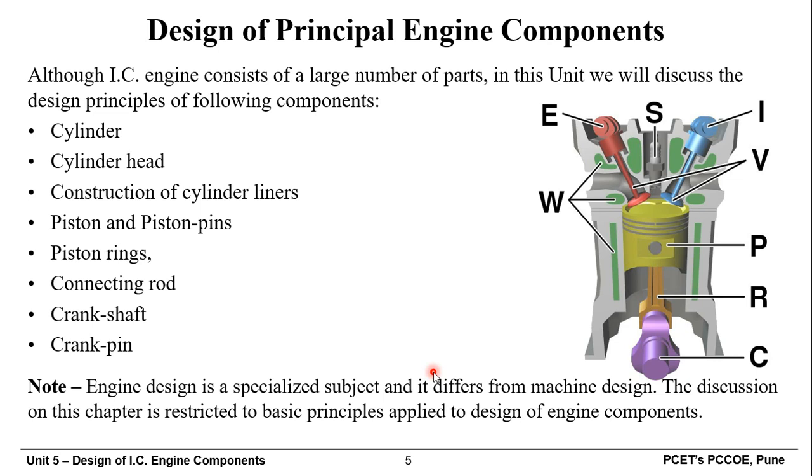Specifically, we are emphasizing only the following components: cylinder, cylinder head, construction of cylinder liners, piston, piston pins, piston rings, connecting rod, crankshaft, and crank pin. We will be discussing the design principles for these components only.